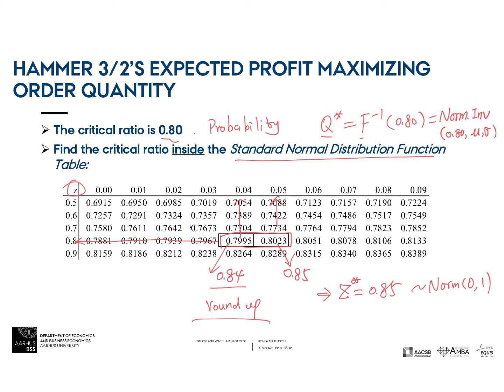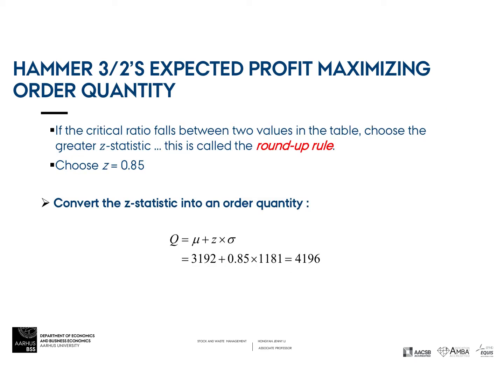So we need to transform this zeta into Q star equals mu plus zeta star times sigma. If you do this transformation, you get the same Q from this F function. The next slides will explain how this is calculated.